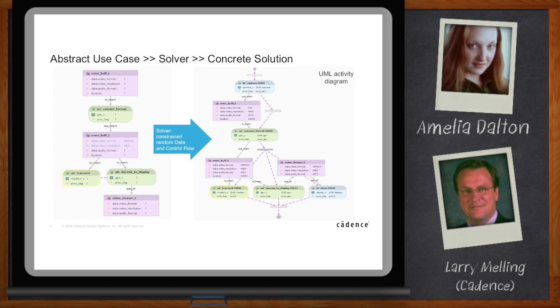Right. And so you'll see that it goes through and says, to get that video data, I have a lot of options. In this case, I'm going to select to get the video data from the camera. It's going to produce that, and then I'm going to get it all decoded, and now I'm going to display it on this particular display because it can handle that particular resolution. So it goes through and figures out what information you've passed it, knows what it can legally do and what options it has, and creates those solutions.